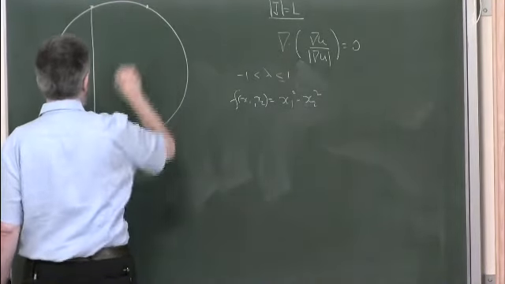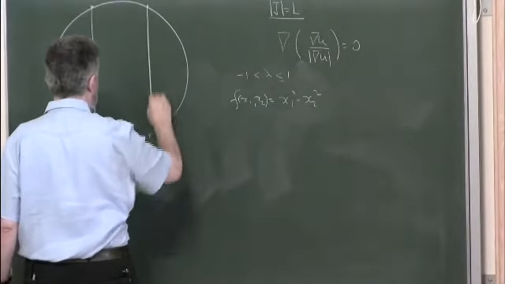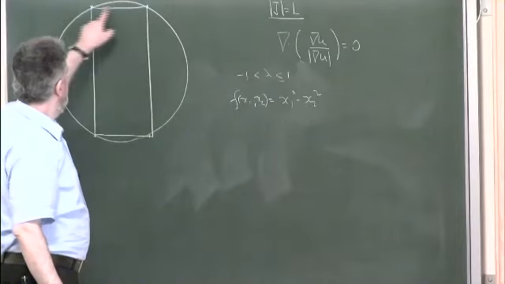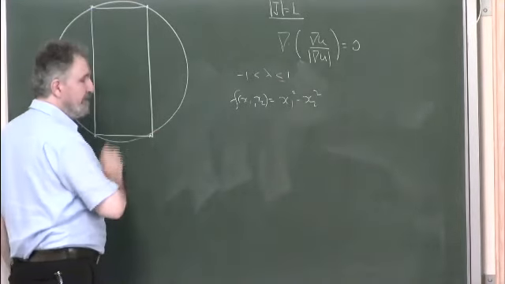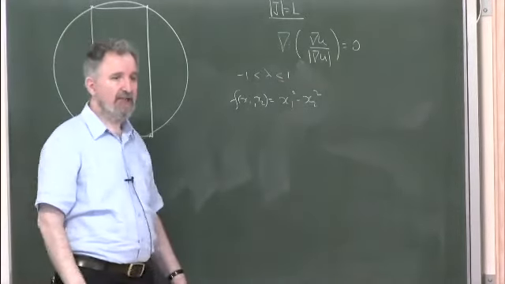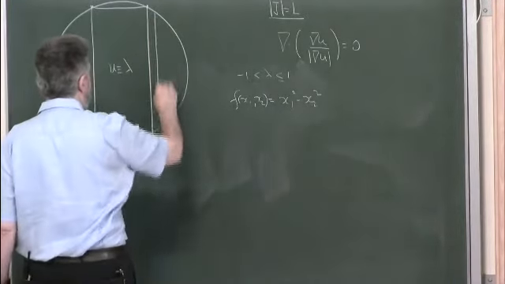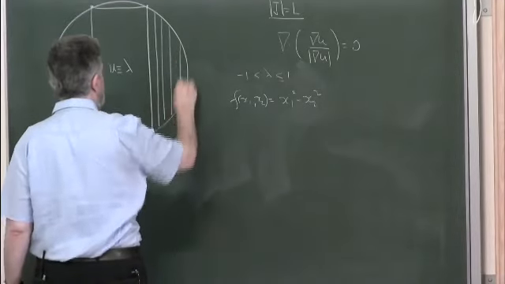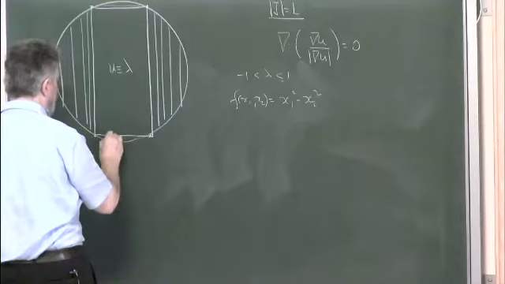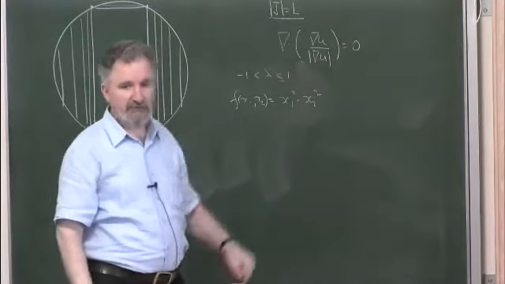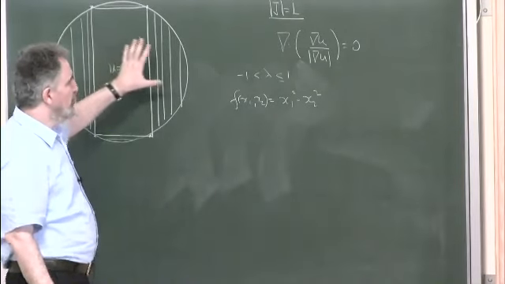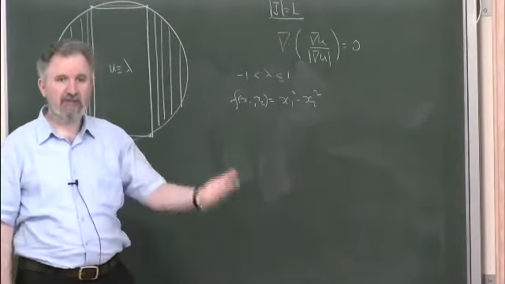Let's say here, here, here, and here. So you make a rectangle with those 4 points on the boundary as vertices. And you declare that u is identically lambda in here. And the rest you fill in with straight lines like so. So these are the level sets of u. And that's written out for you over there. So it turns out for every lambda, this is a solution of this Dirichlet problem. So there are infinitely many solutions.